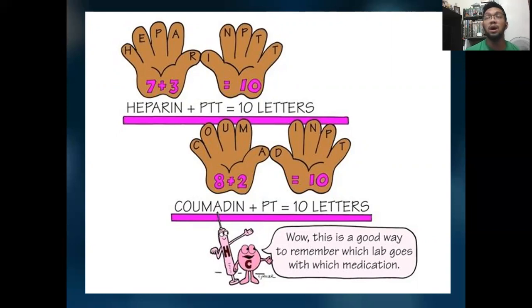So if you are giving heparin to a patient, make sure to monitor the patient's PTT. While if you are giving Coumadin, Coumadin has 8 letters, we are going to monitor the patient's PT. So that's equal to 10. Coumadin plus PT, 10. So the prothrombin time is the one checked whenever we give the patient Coumadin. So always remember this.